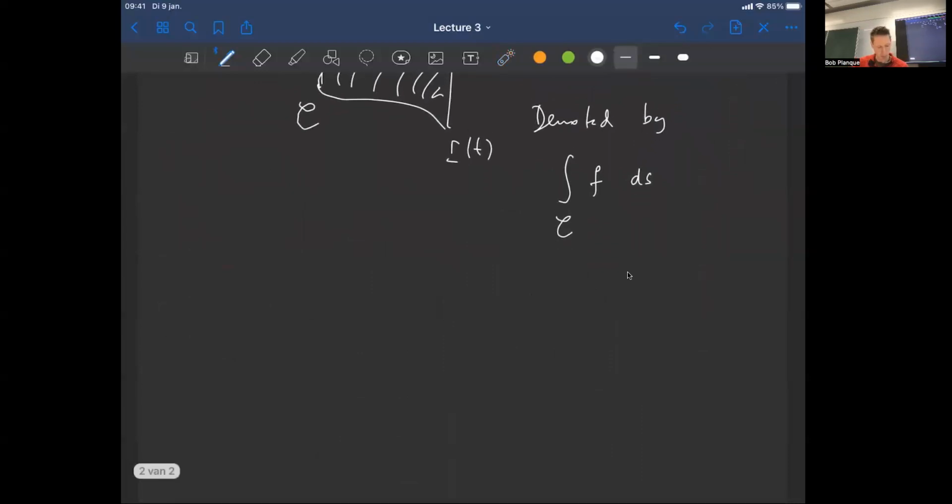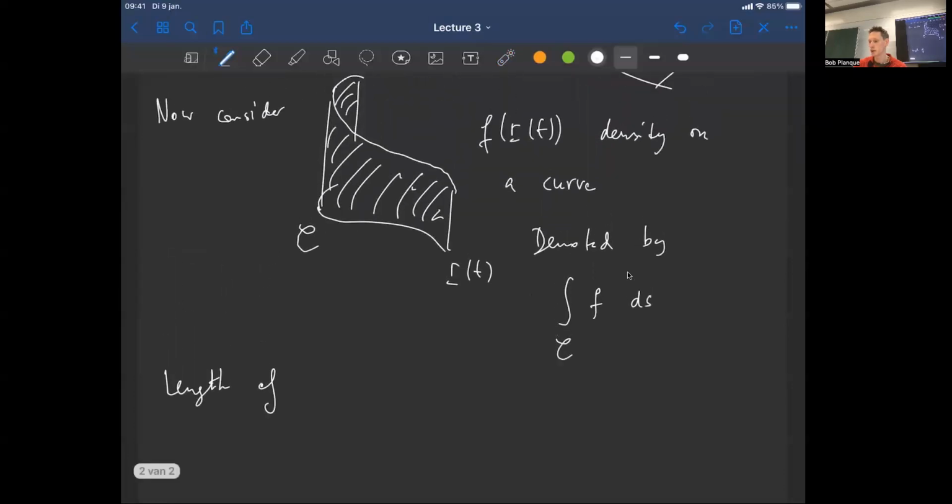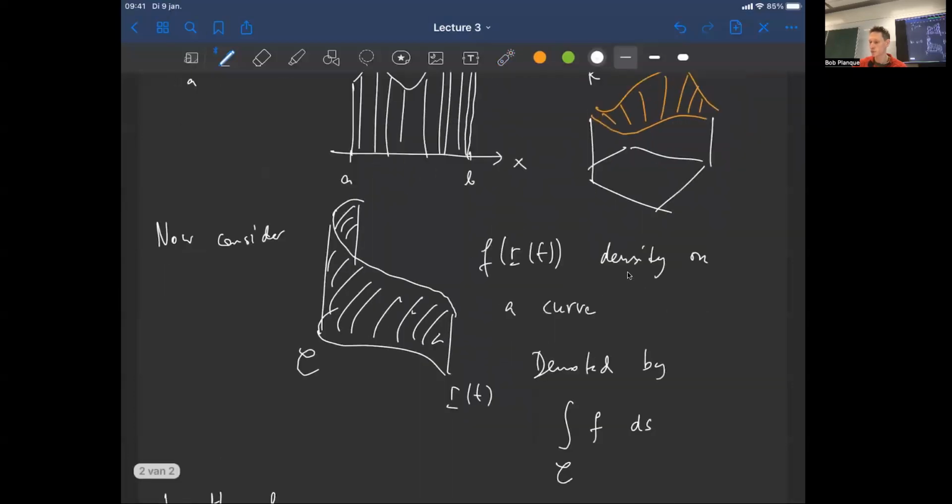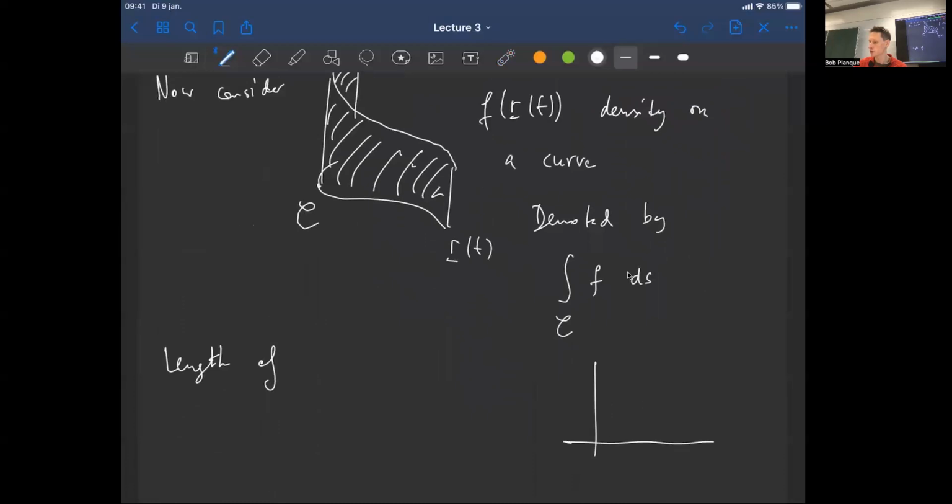Without much ado, the length. The simplest kind of density that we would like to integrate is just the density 1. By that, it's as if I have, let's say, this in between A and B, and I give this thing the height 1.